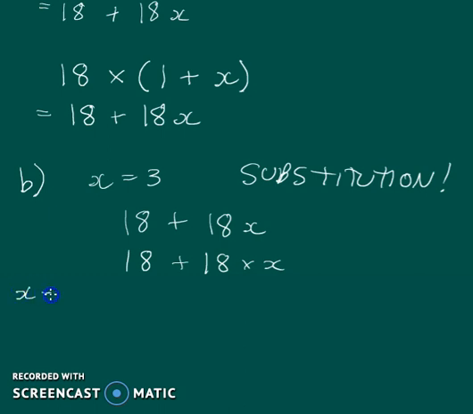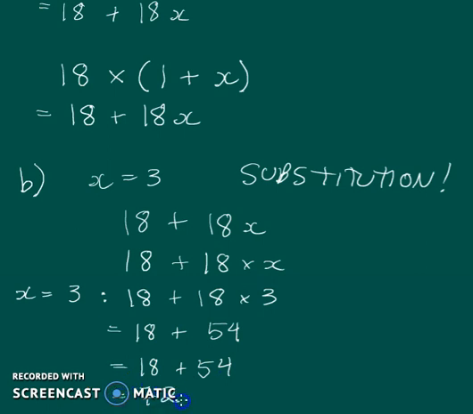So when X equals 3, we'll say 18 plus 18 times 3, and 18 times 3 is 54. And finally, 18 plus 54 is equal to 72 postcards. And that's how many postcards they had altogether.